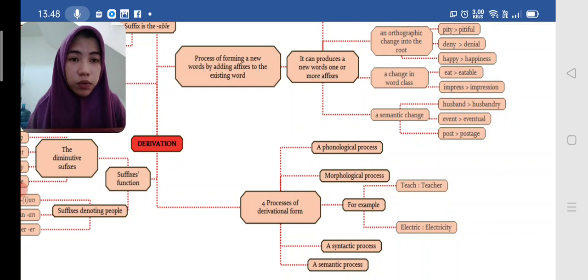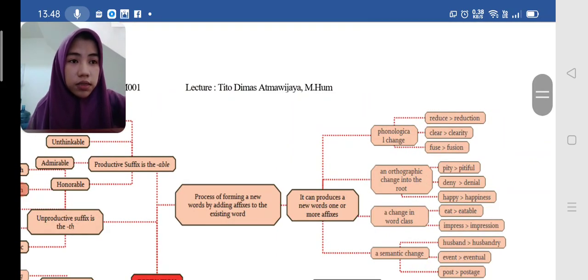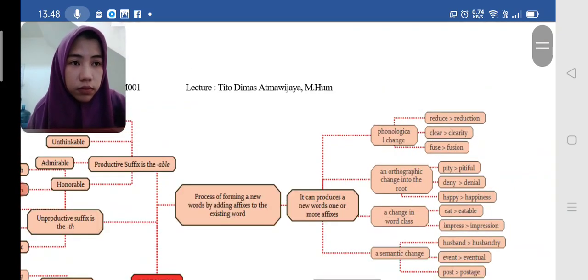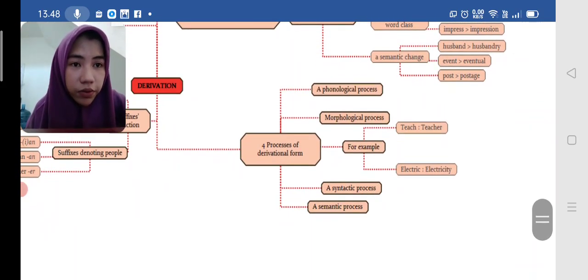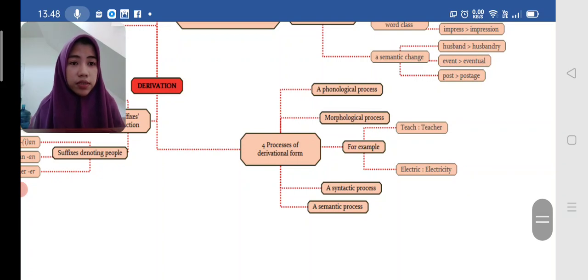And let's move to the four processes of derivational form. There are the phonological process, the second one the morphological process, the syntactic process, and the last one is the semantic process.